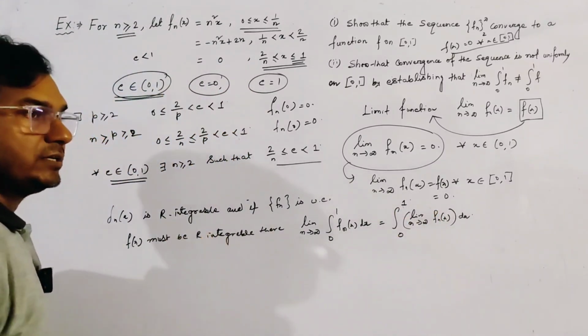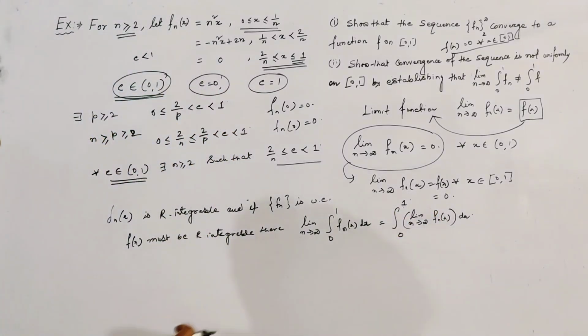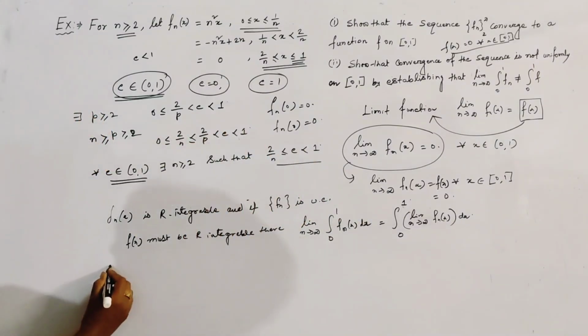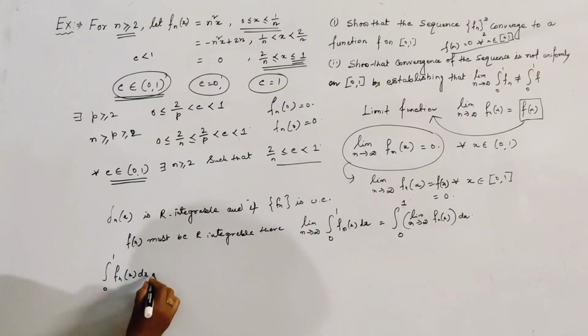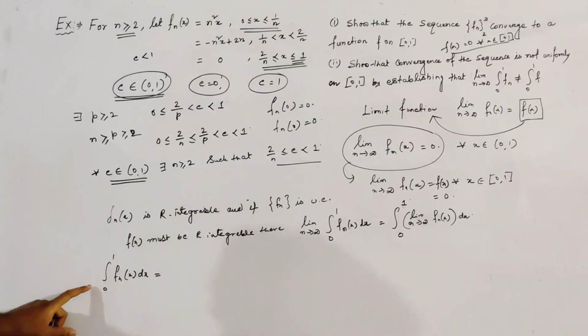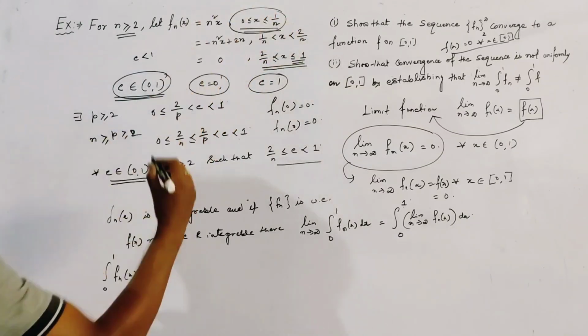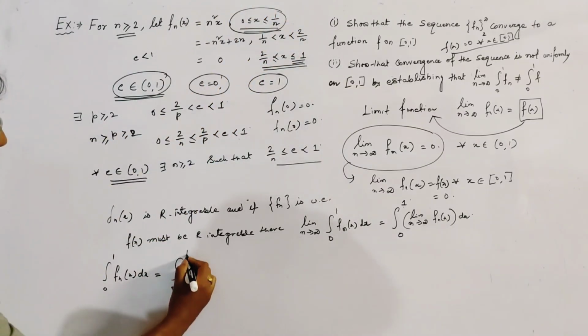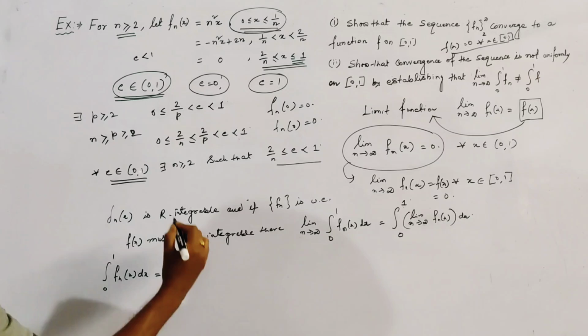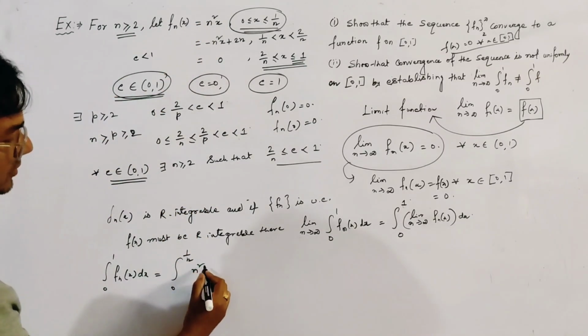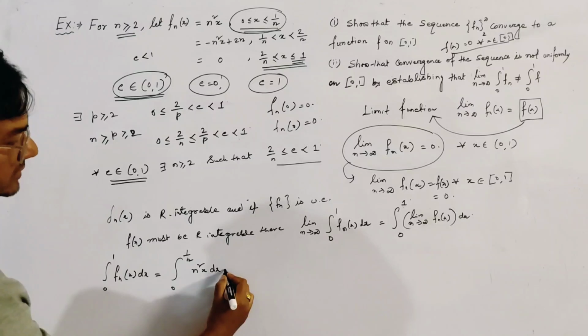Now we have to find two integrations. We first find the integration 0 to 1 of fn(x) dx. We split this integration into three intervals. The first interval is 0 to 1/n, and the value of fn(x) is n square x dx.